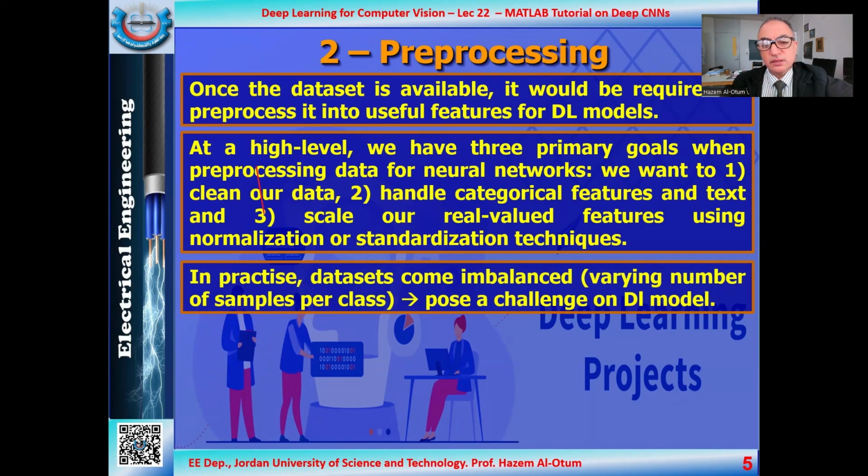One of the big issues also in this case is that the number of samples in each class usually is imbalanced. To take actions to correct this issue, you may do one of two things.